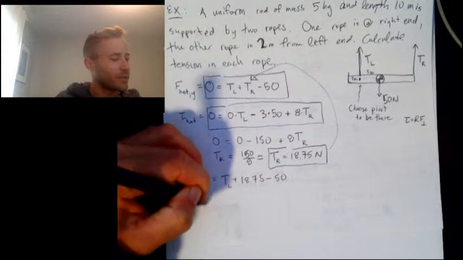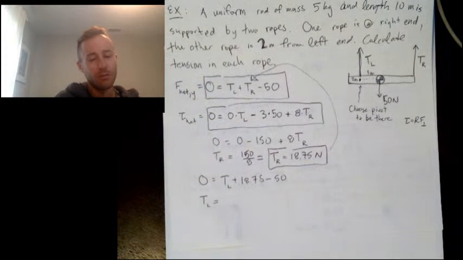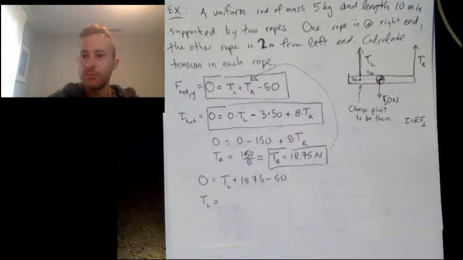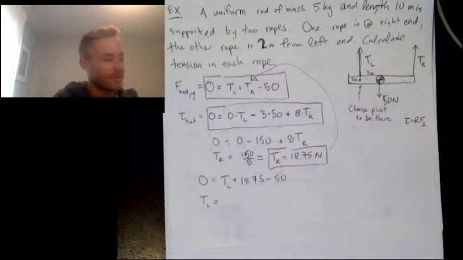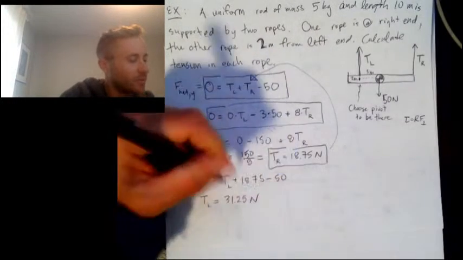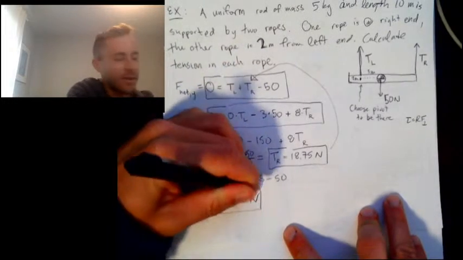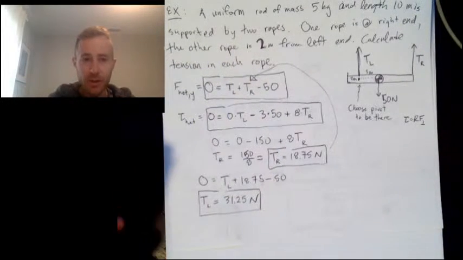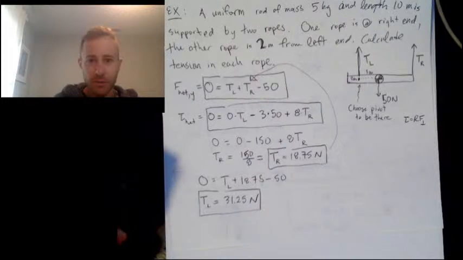So that says that the left tension is 31.25 newtons. So there you go. That's an example of a static equilibrium problem.